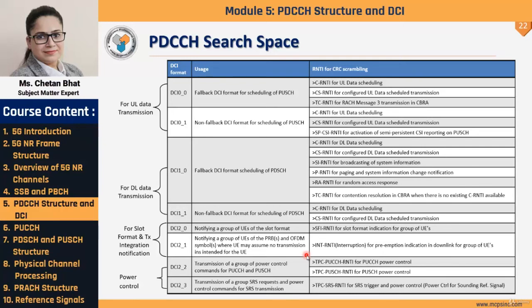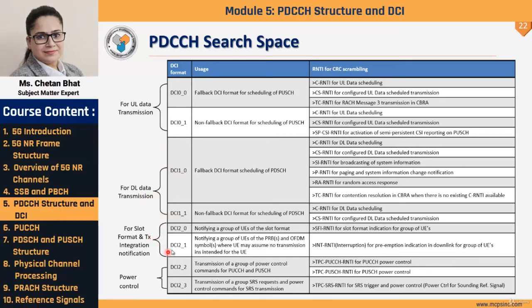Similarly, in 5G, we have different DCIs which carry different information. If we talk about DCI format 0, then it is allocated for uplink data transmission. DCI format 1 is allocated for downlink data transmission.